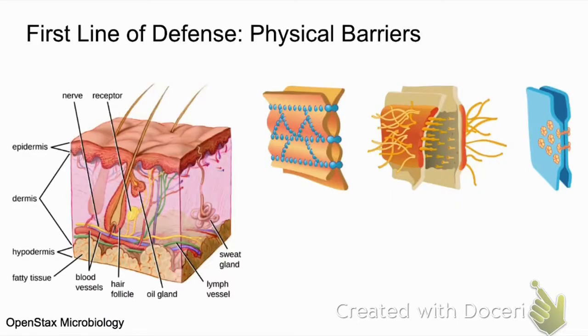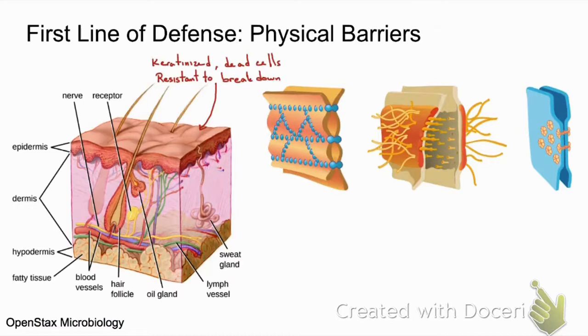Let's talk a little bit more in detail about the two first lines of defense, that being physical barriers and chemical barriers. In this image here, I am showing you examples of physical barriers. For example, on the left-hand side, what we see is a cross-section of skin with underlying layers.